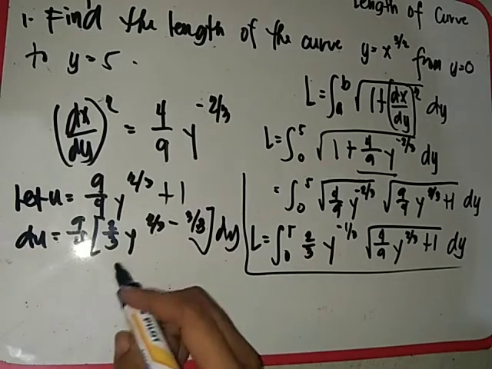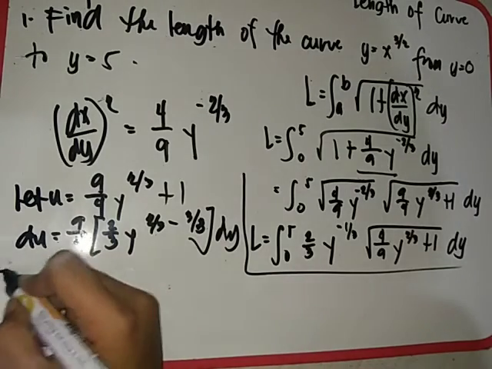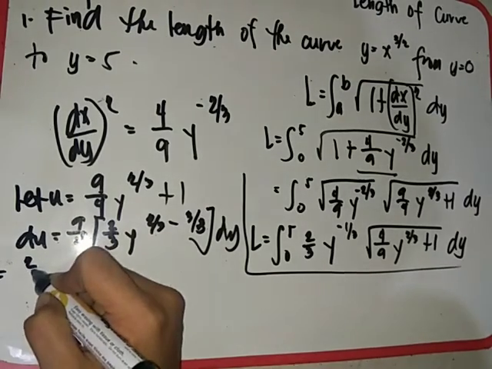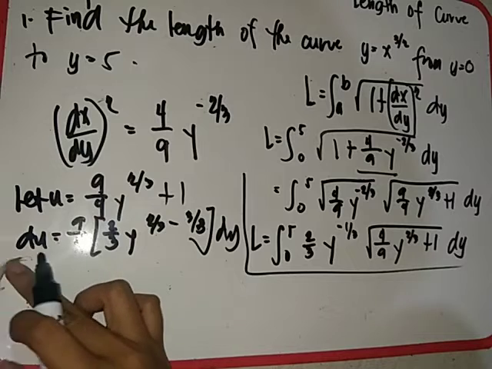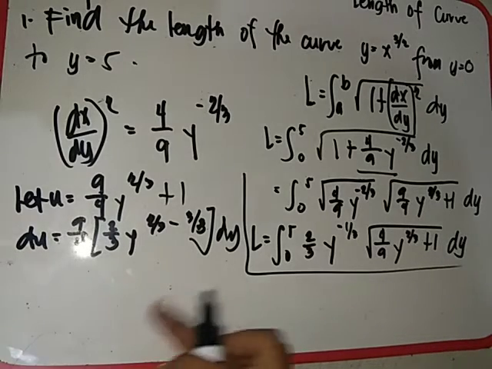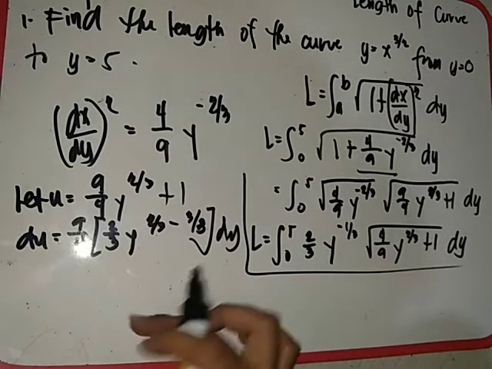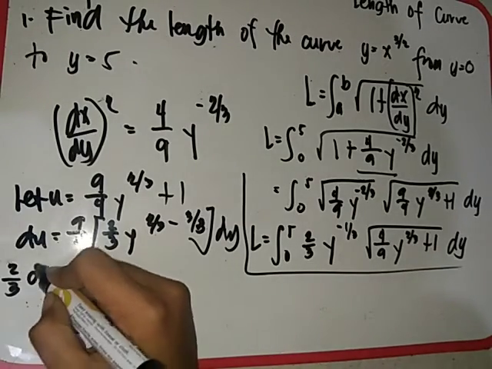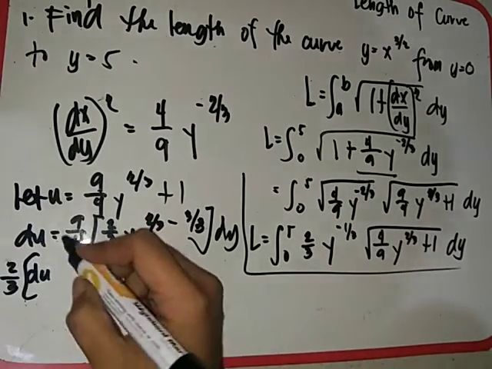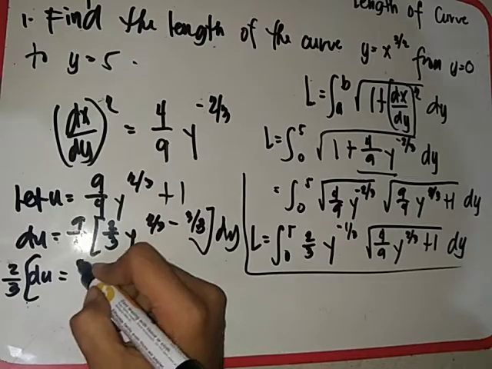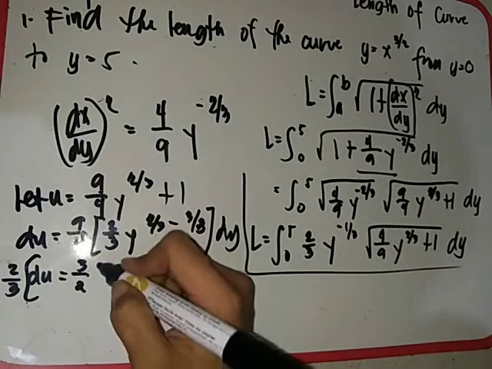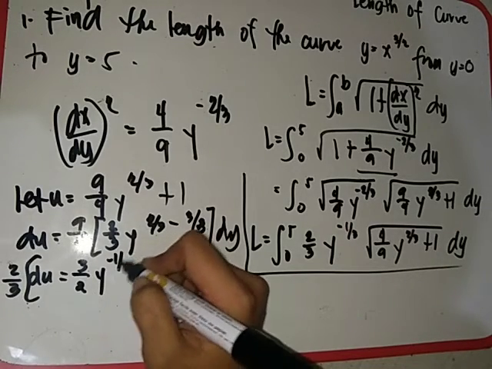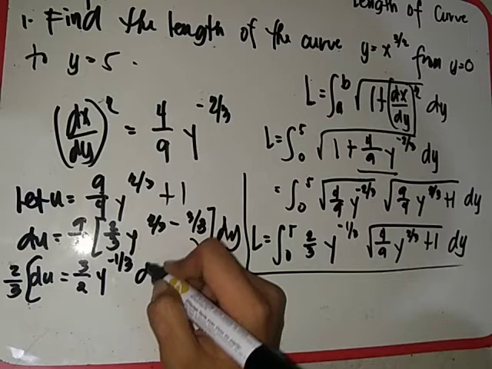So we have to multiply this by 2/3. So we have 2/3 du is equal to 3/2 y raised to negative 1/3 dy.